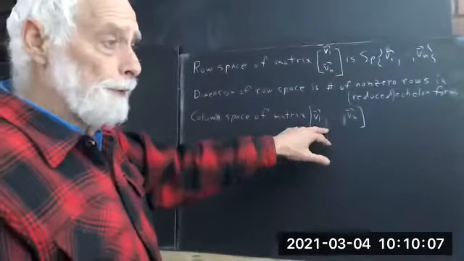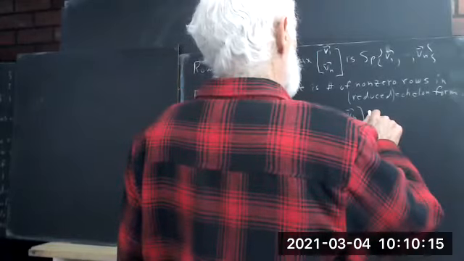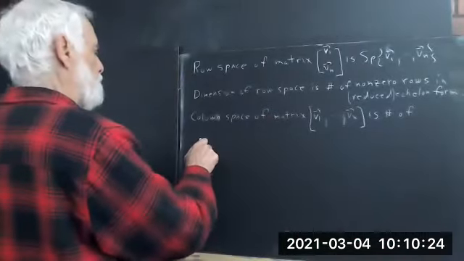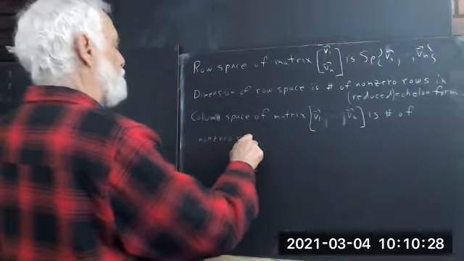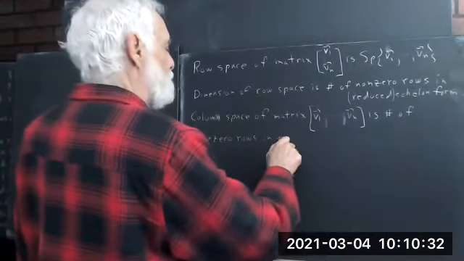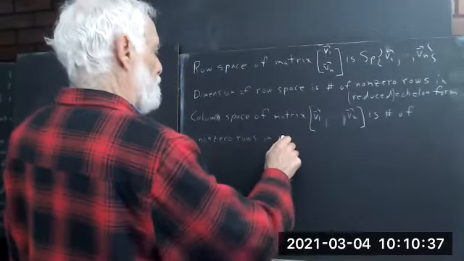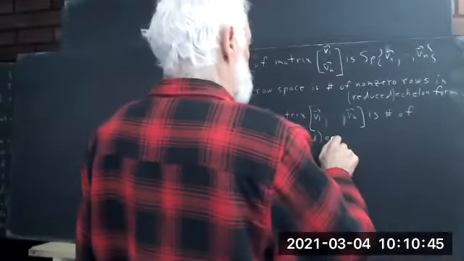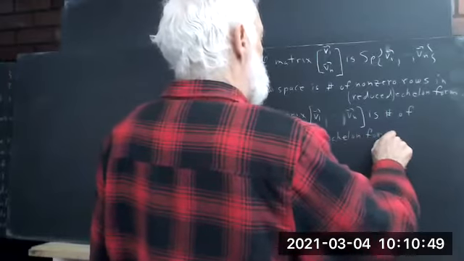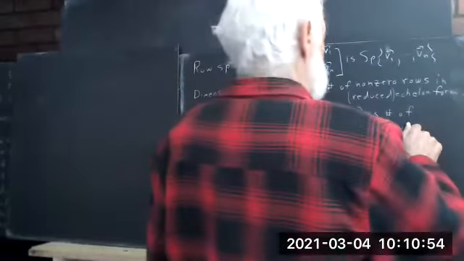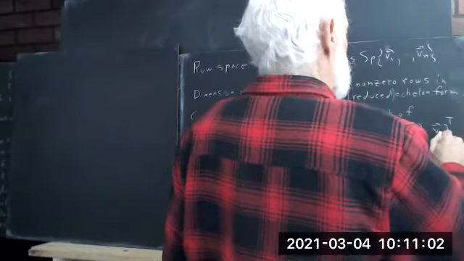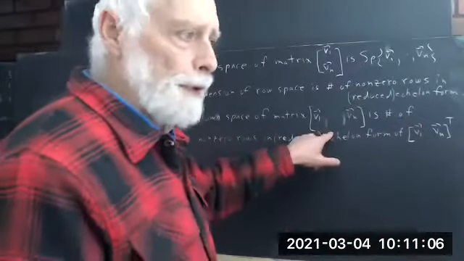Okay, column space of this matrix is a number of non-zero rows in optimally reduced but any echelon form of the transpose of this matrix.